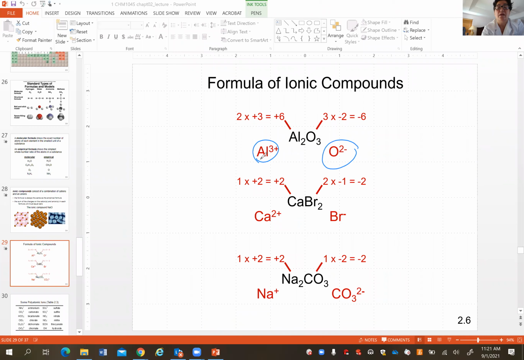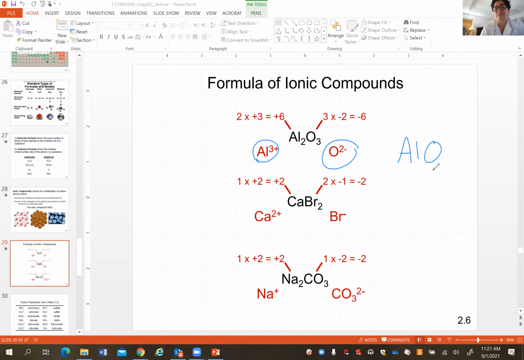Bringing them together, a compound is not called a compound if it has a charge. I'm just elaborating on what we covered last time. Let's say I want to write the formula for aluminum oxide. I say, okay, aluminum and oxide.